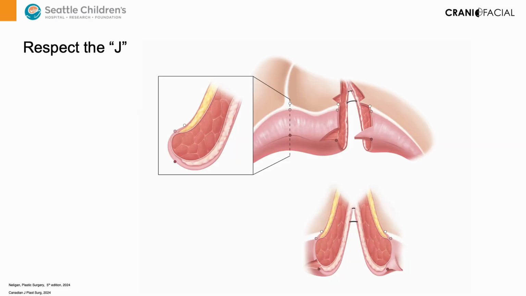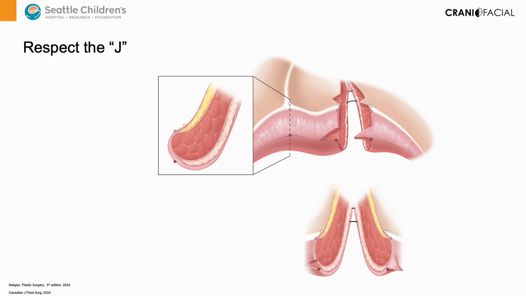This is all a very three-dimensional muscle repair, and as the muscle repair progresses from cranial to caudal, it's important to maintain the three-dimensional shape of the orbicularis muscle. It's got a J shape, similar to the shape of the country Italy, kind of like a boot. It's got a tip and it's got a heel.